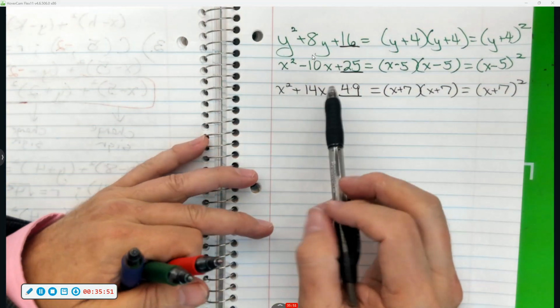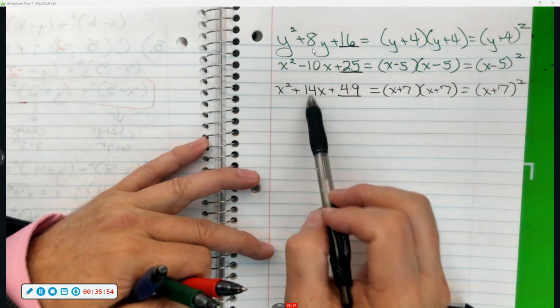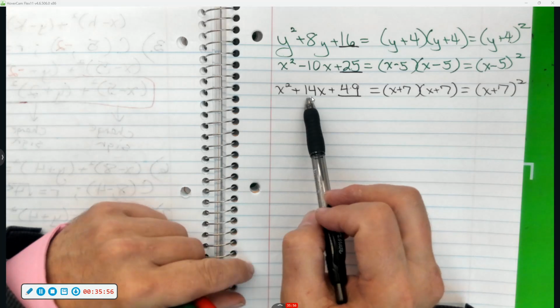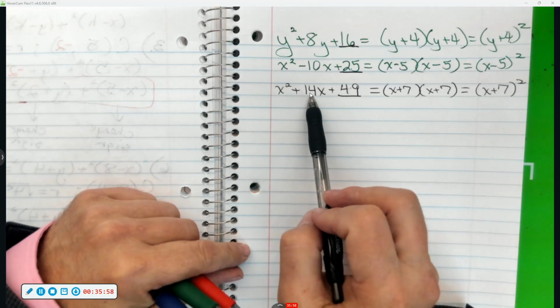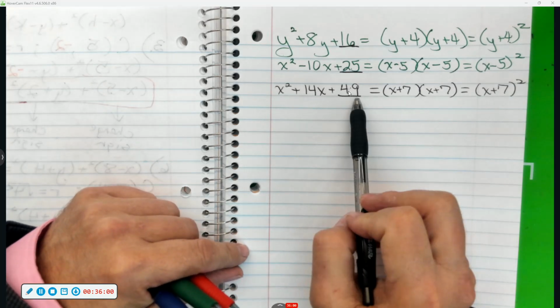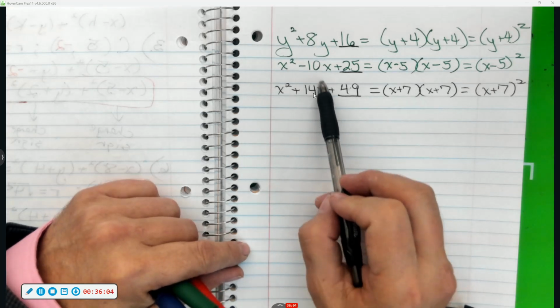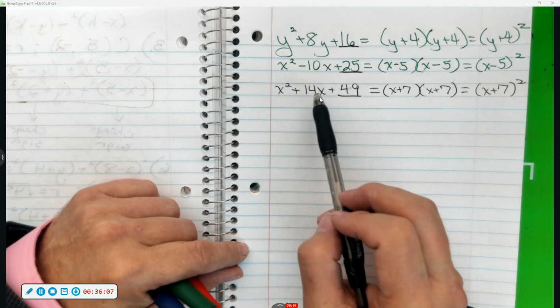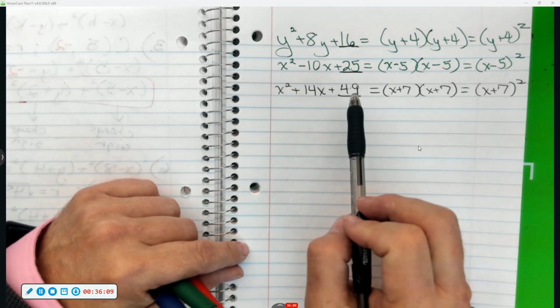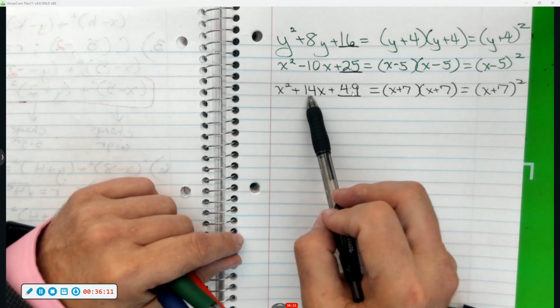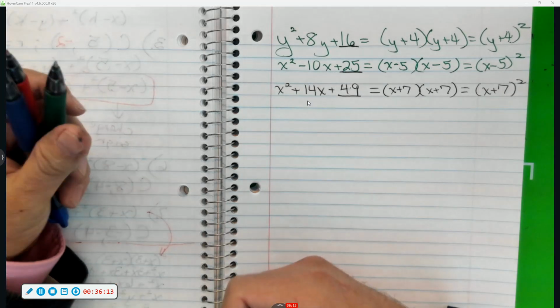What can we do? I think that this one here is the best example to see the pattern. What can we do to 14 to come up with 49? There are two things you can do to 14, the unsquared coefficient, to give us the 49.